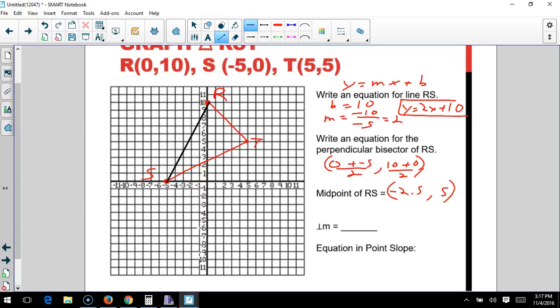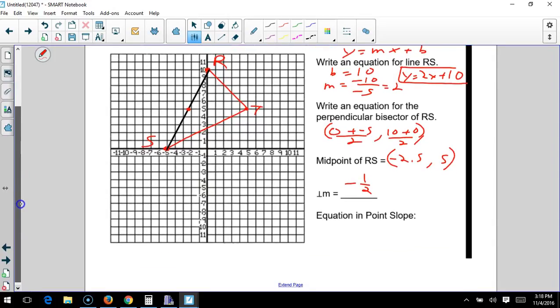And this is why we use straight edges, because my line was obviously a little bowed out. I connected those points with a straighter line, and notice (-2.5, 5) is right there. That does make sense. Now, the perpendicular slope to 2 is going to be -1/2. So we're going to write now the equation in point-slope form using this information.